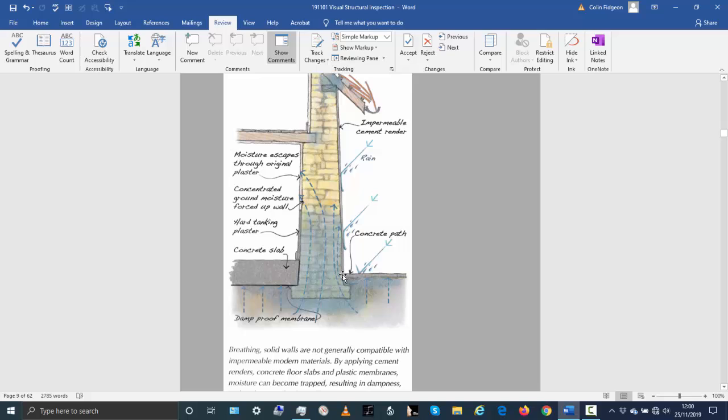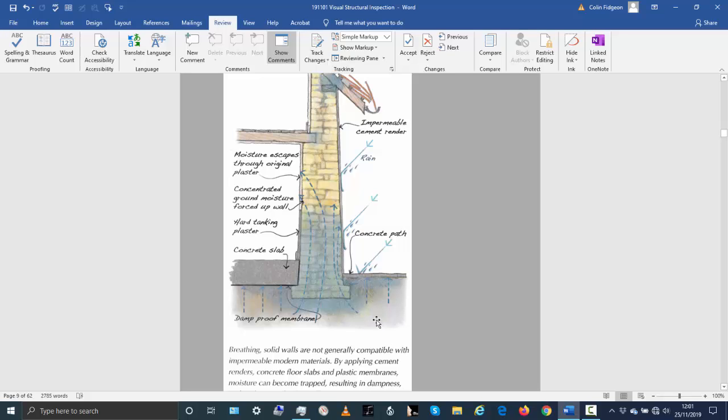People will often put in a concrete footpath to stop the moisture getting down. It's not a good idea with an old stone building to put in a concrete footpath, because although it may, if it's designed well, remove a lot of the surface water, it also prevents the ground from breathing.